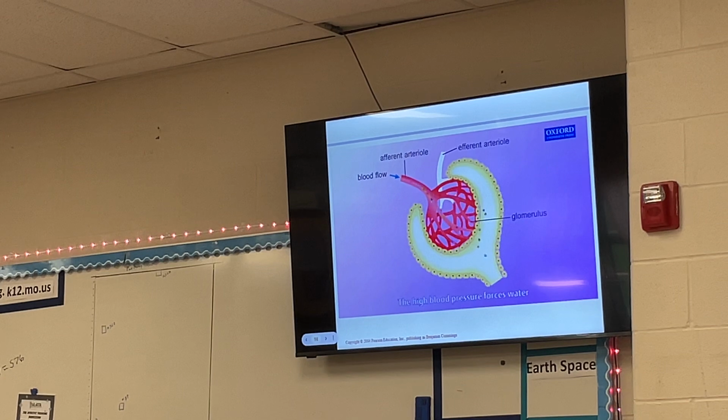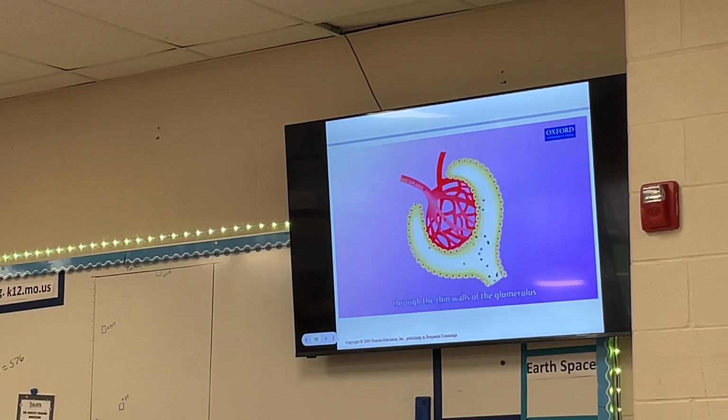The high blood pressure forces water and small soluble molecules, such as glucose and amino acids in the plasma, through the thin walls of the glomerulus and the Bowman's capsule into the capsular space. This process is called ultrafiltration.